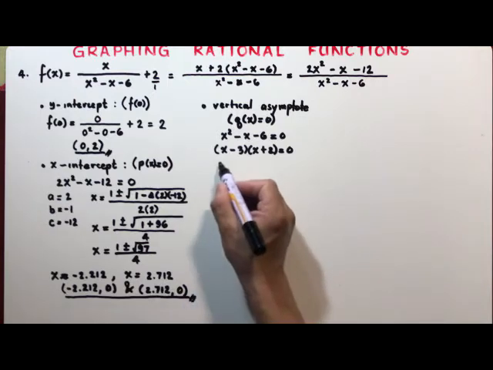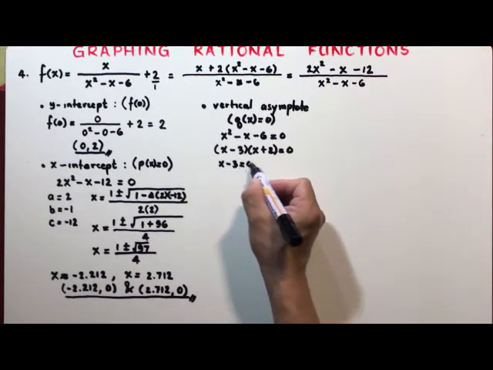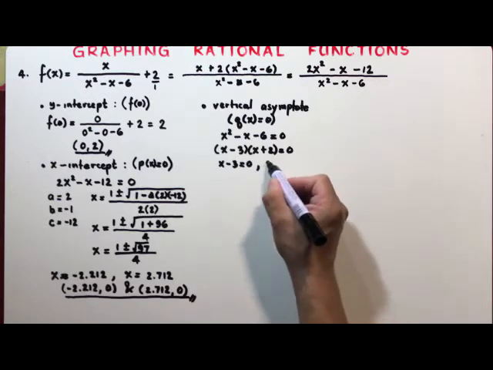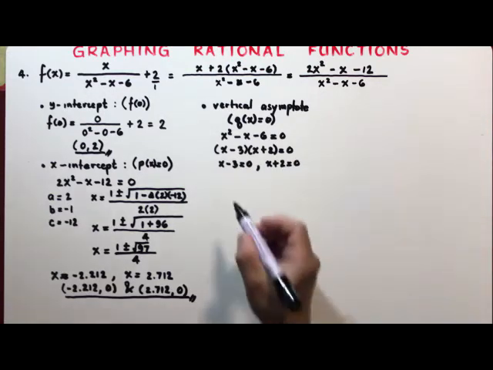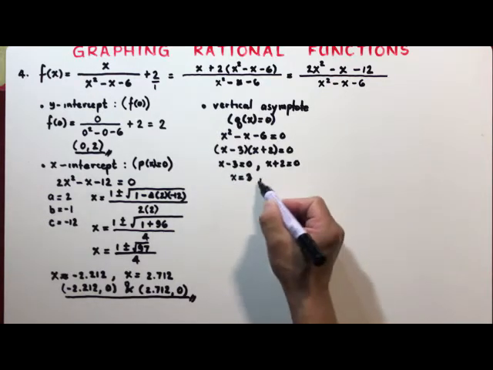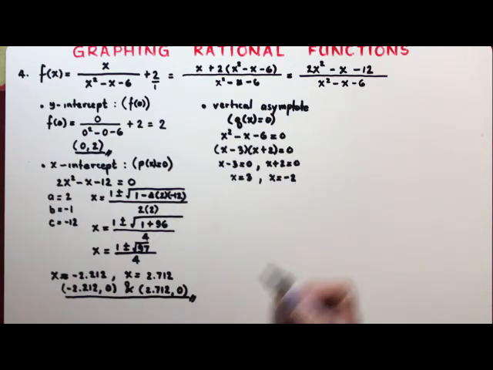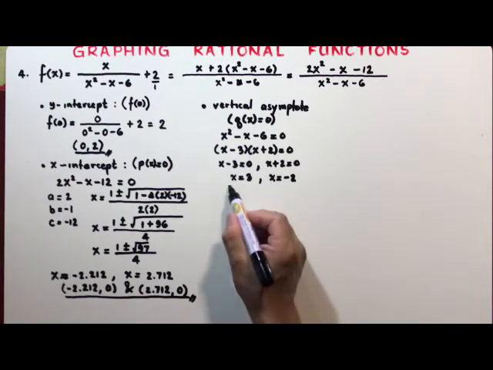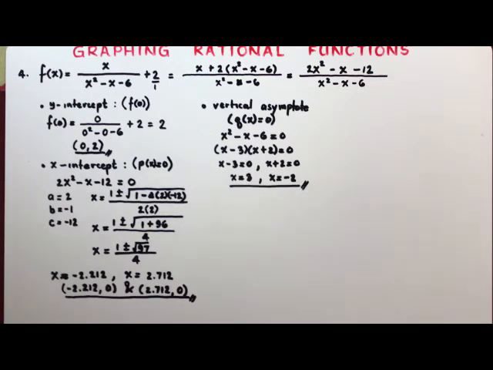So setting each factor to 0, x minus 3 equals 0 and x plus 2 equals 0, our x's are 3 and negative 2. Therefore, these are our vertical asymptotes: x equals 3 and x equals negative 2.